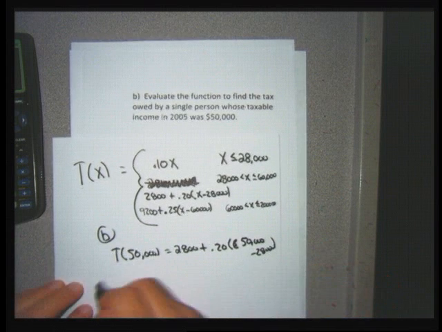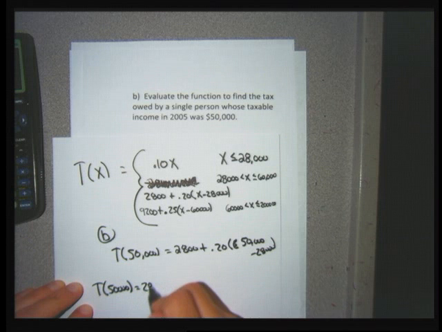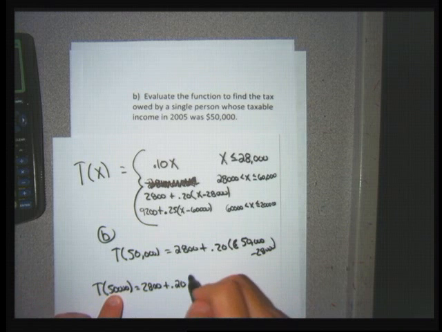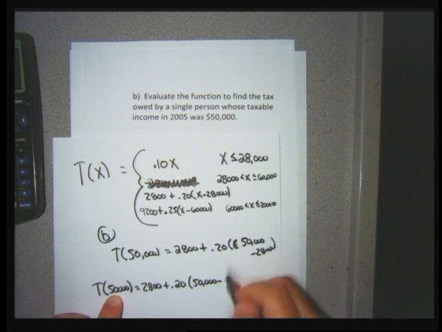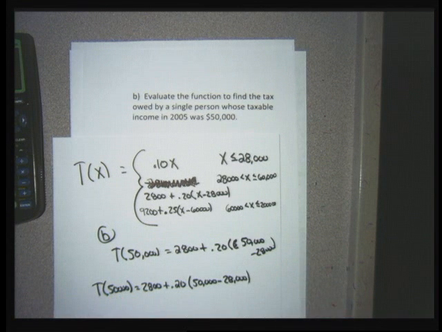Let me write this better. So the amount of tax they're going to owe at $50,000 is $2,800 for the first $28,000, and then the amount over $28,000, the extra $22,000, is going to be taxed at 20%.